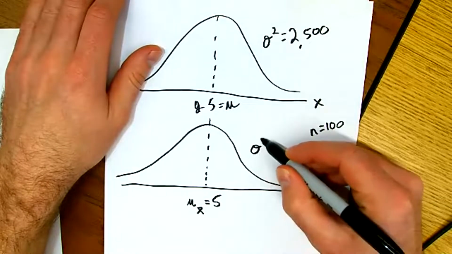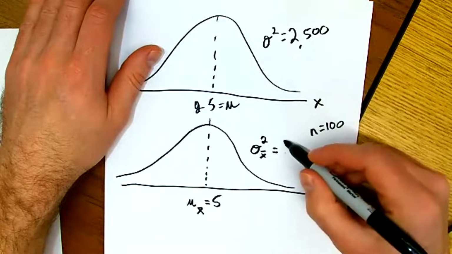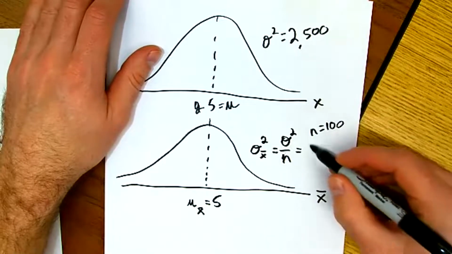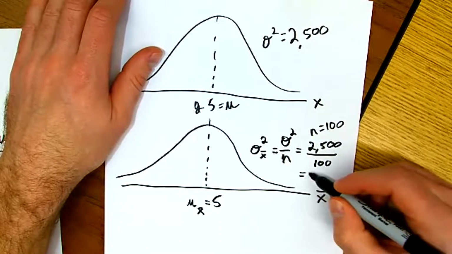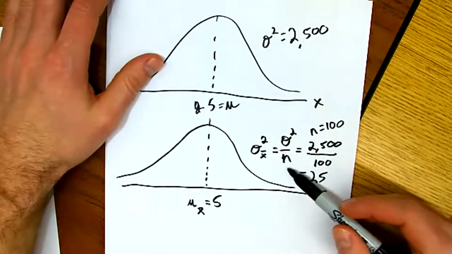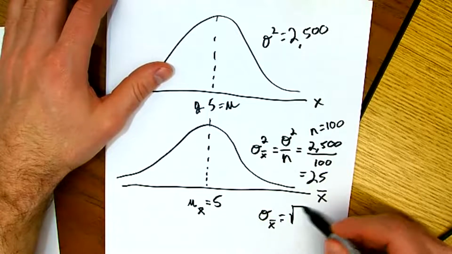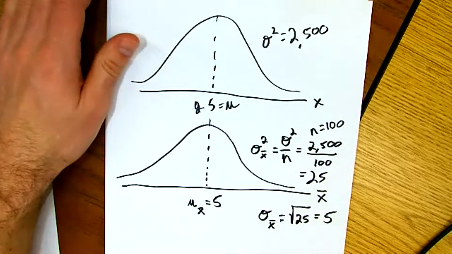However, when we think about the variance here, the variance is going to be the original variance over my sample size, which is 2,500 over 100, so I get a variance of 25. Another way of thinking about that is if I wanted the standard deviation, that's just the square root of the variance, or the square root of 25, which is 5.